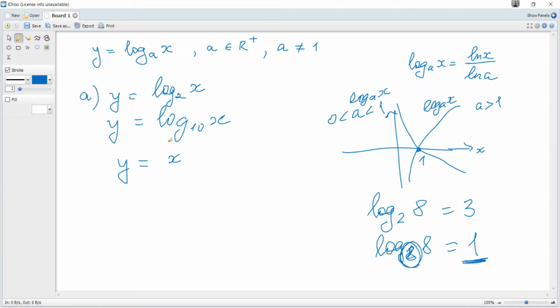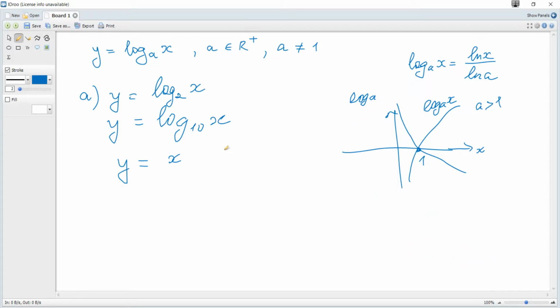So graph log to the base 10 will be below the graph of log to the base 2 of x. Actually, it's not necessary here. You can deduce this directly from the calculator, but it's useful to know in general.